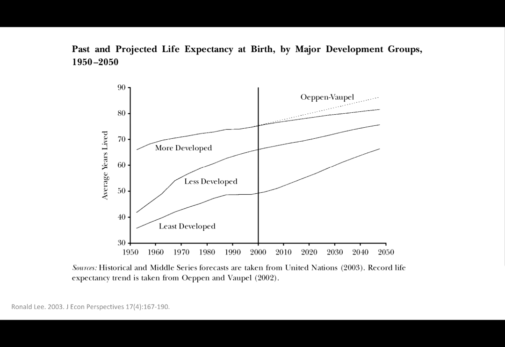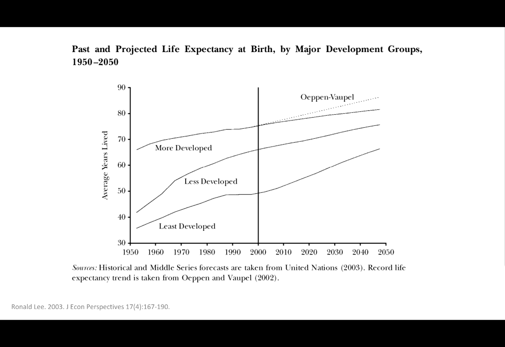On the y-axis, you have the average years lived. You can see categories for more developed at the top, less developed in the middle, and least developed at the bottom. And notice that average years lived is increasing over time. So a general trend over time, life expectancy increases. Countries with the most economic development have the highest life expectancies.